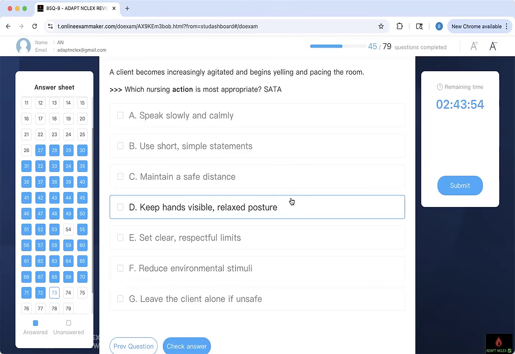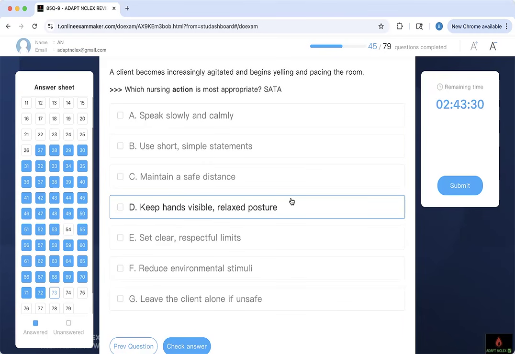The nurse is seeing this patient moving around. What would you do? Speak slowly and calmly. Use short, simple sentences. Maintain a safe distance. Keep hands visible, relaxed posture. Set clear, respectful limits. Reduce stimuli, and leave the client alone if unsafe.